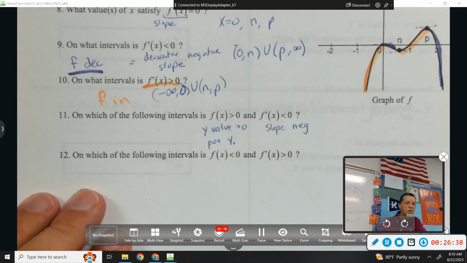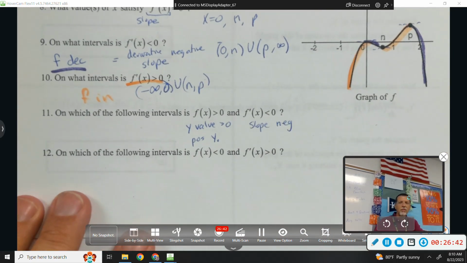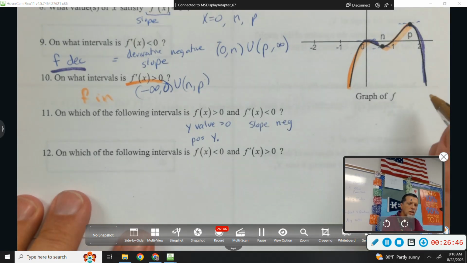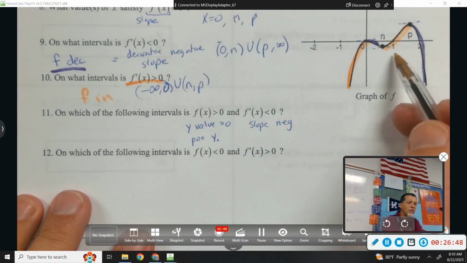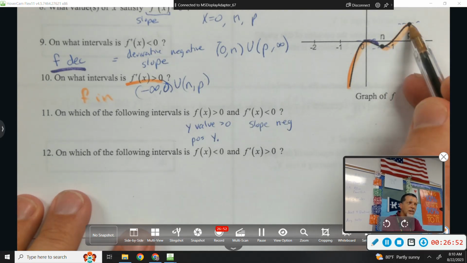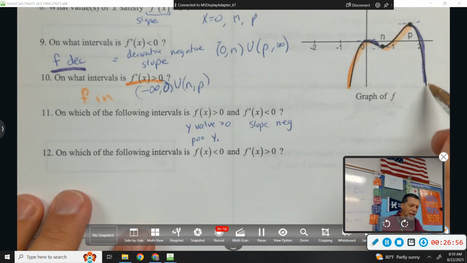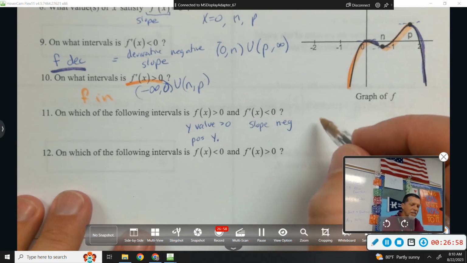Okay, I think that's easier to find. So what interval has a positive y and negative slope? 1 to 2. Careful. 1 to p is a positive y but a positive slope. P to infinity is a negative slope, but there's some negative y values in there. So I just need to go p to 2.